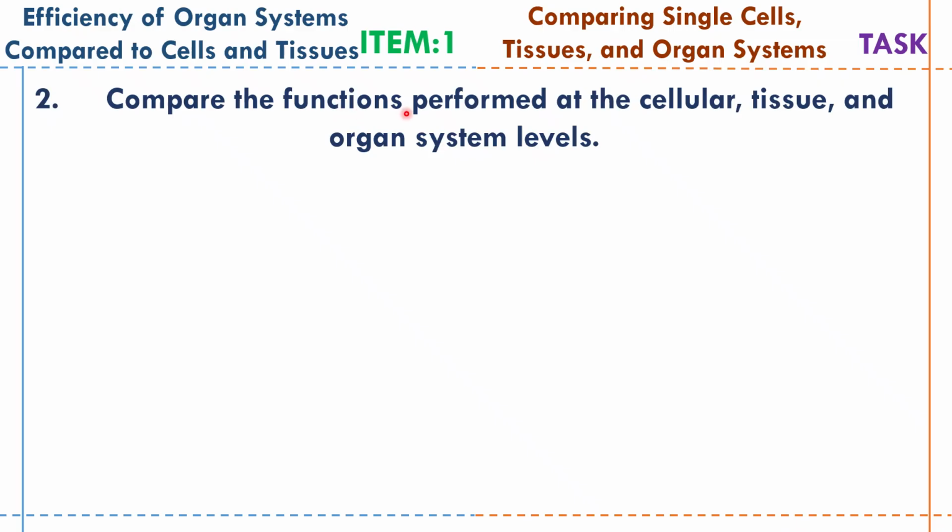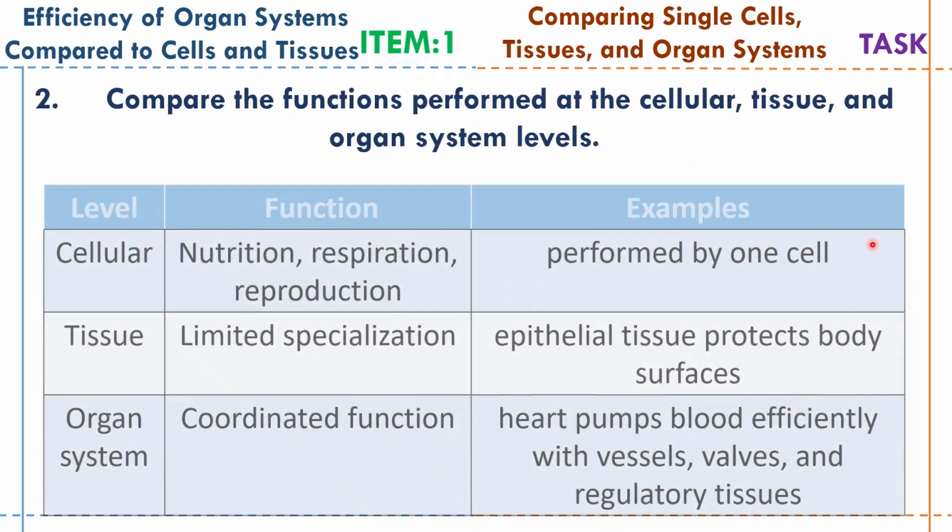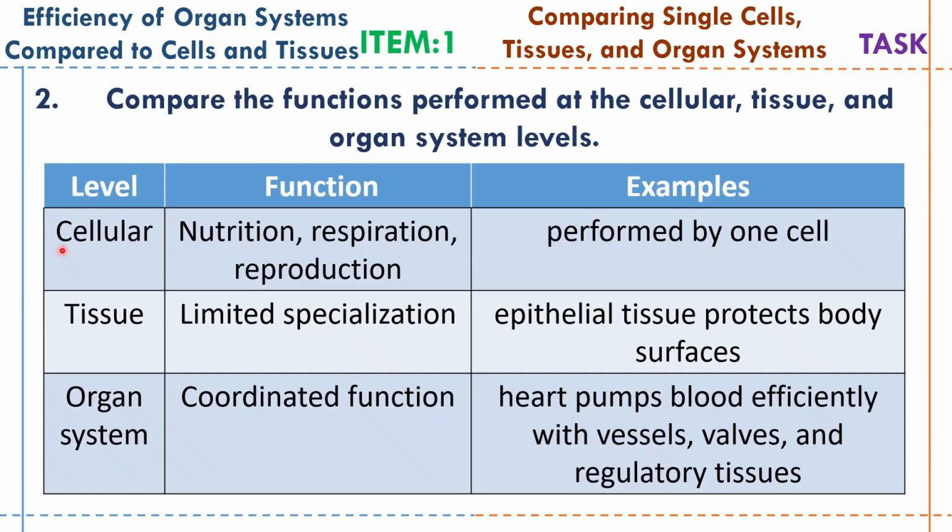Compare the functions performed at cellular, tissue, and organ system levels. Cellular level function: nutrition, respiration, reproduction. All of them are performed by one cell, and an example, we have the amoeba.